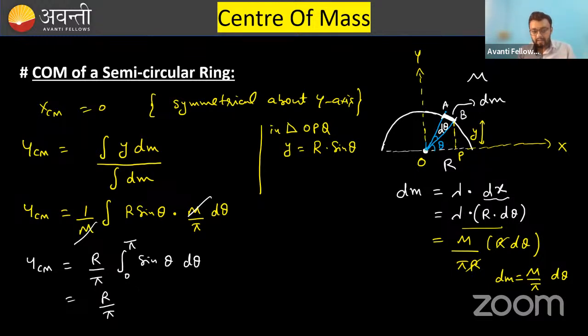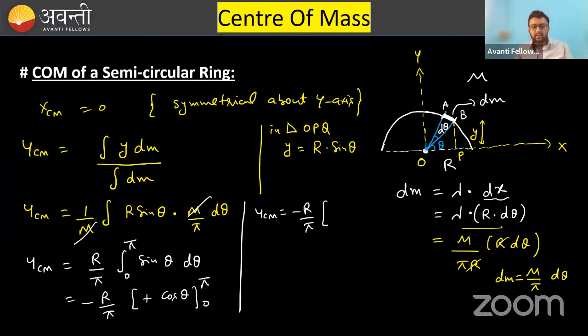You can integrate it now. R by pi. Sine theta has an integration minus cos theta, from 0 to pi. I can put this minus sign here. It will make it positive. If you put the limits, you will get y coordinate minus r by pi, cos pi minus cos 0. Cos pi is minus 1.